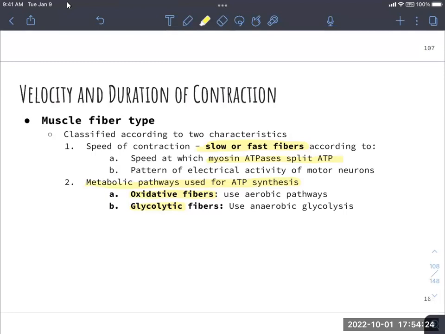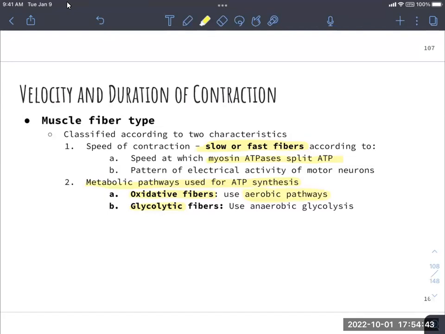So that oxidative fibers are going to use those aerobic respiration pathways, which uses the electron transport chain. If you ever take biochemistry, you will learn all about it. We don't do it in here because it's taught in biochemistry specifically.